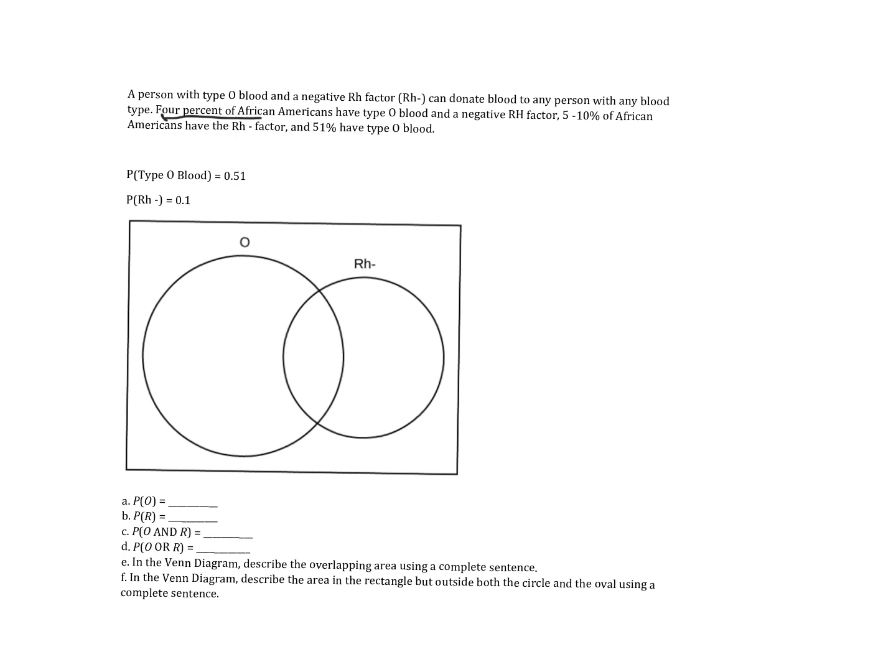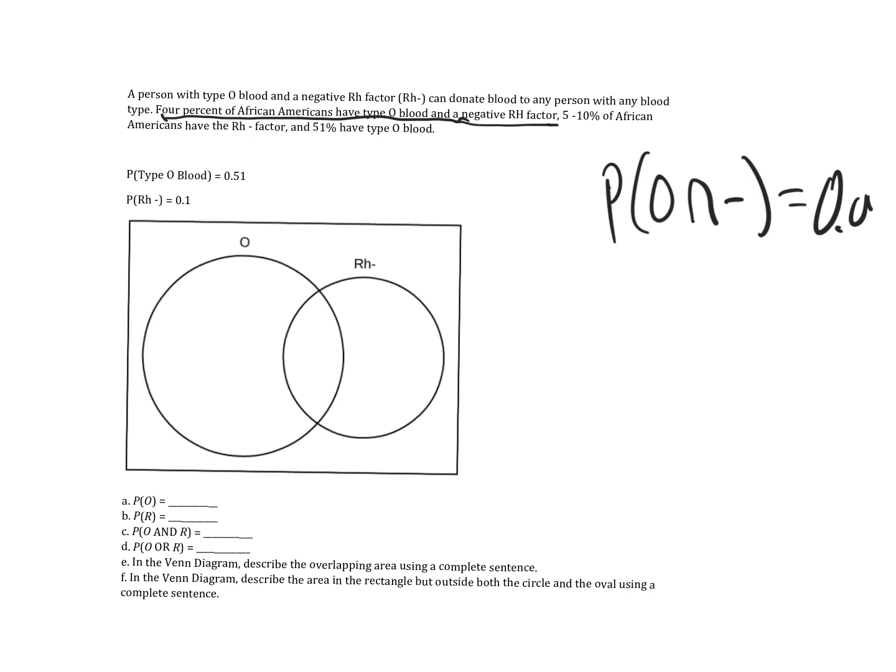And they're telling us that 4% of African Americans have O blood and are Rh negative, right? So that's telling me that the probability that they have O blood and they're Rh negative equals 0.04, or 4%.